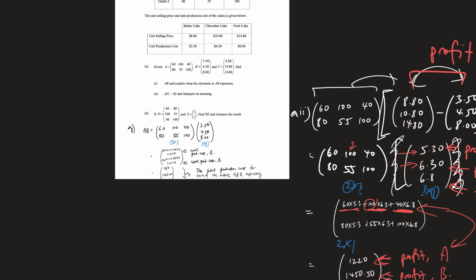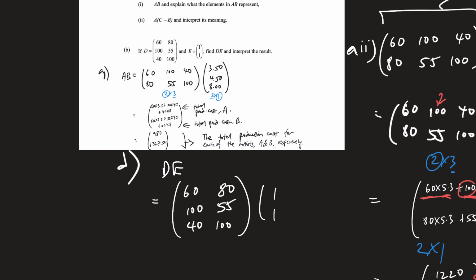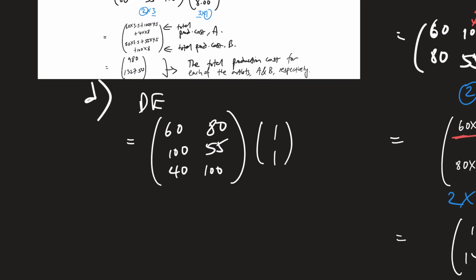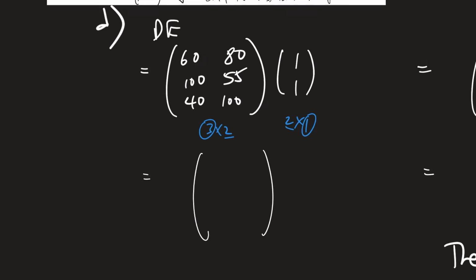Okay, let's do it here. DE is simply this. A 3 by 2 matrix, 2 by 1 matrix, same number. The final matrix will be a 3 by 1 matrix, which is 3 rows, 1 column.